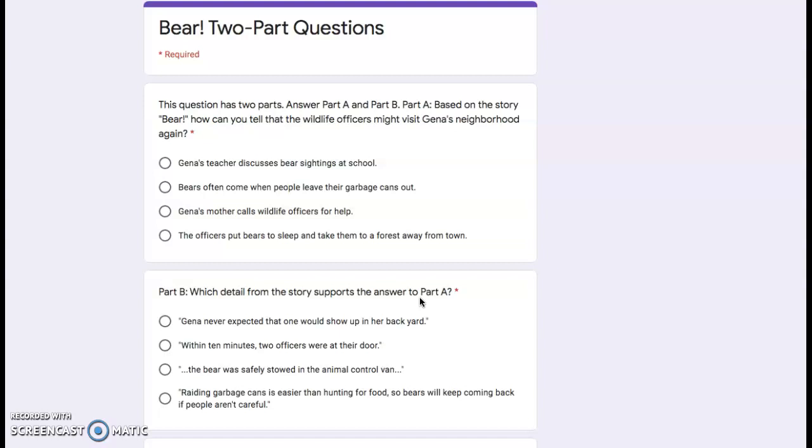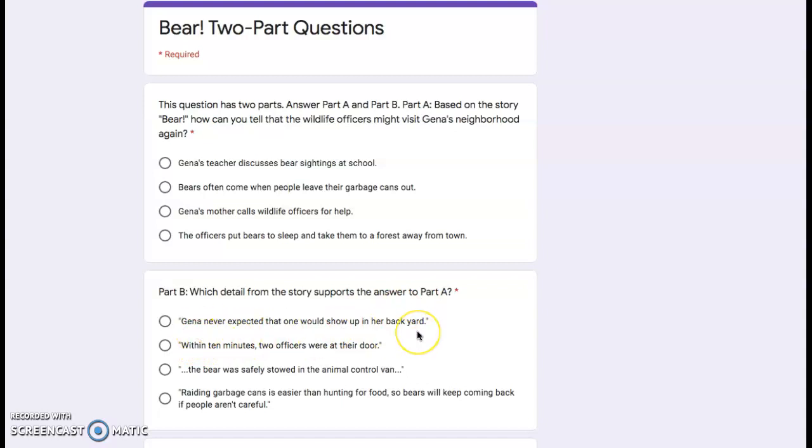If you're looking at each answer choice and trying to identify what part of the story it's taken from, I recognize that answer A is how Gina feels when she first sees the bear.